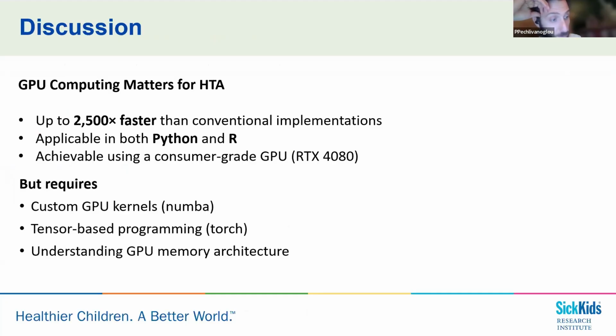So briefly, GPU computing matters for decision models for HTA purposes. You can achieve up to 2,500 times faster implementation of this simple 3-state model with a GPU implementation in Python than conventional implementations.